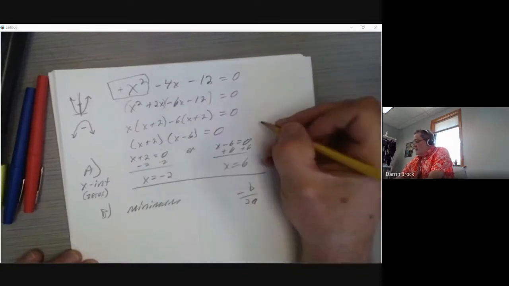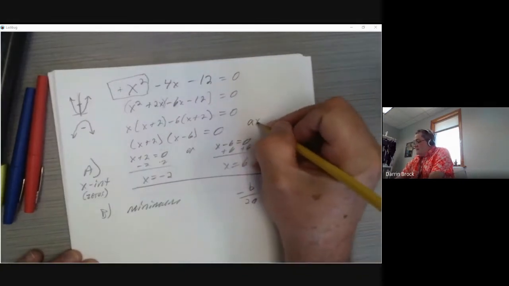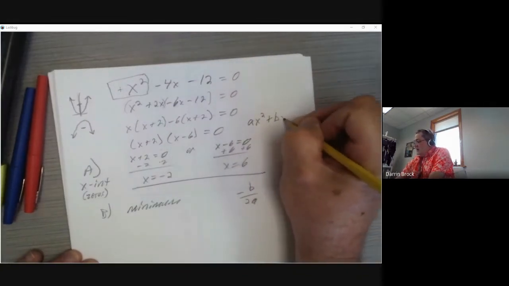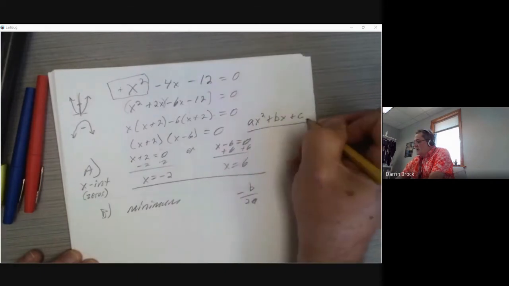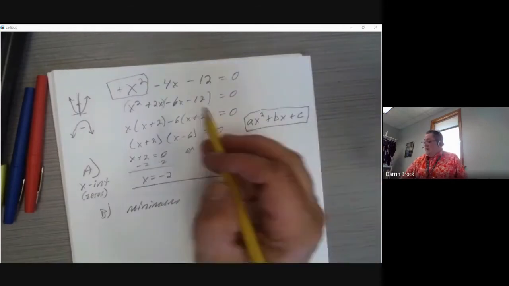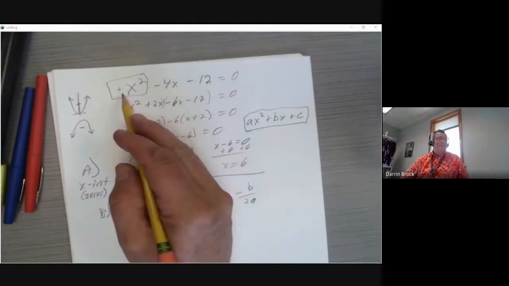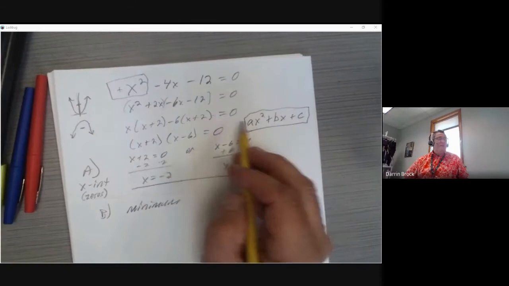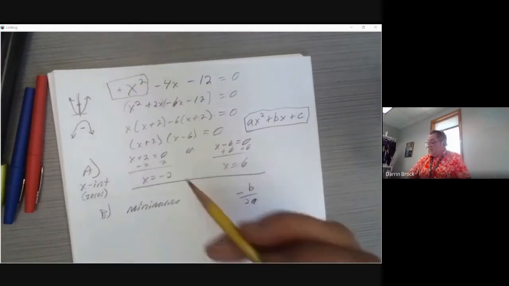Well, remember, a quadratic equation is written down as ax squared plus bx plus c. That's the standard form of a quadratic equation. Our a is just 1, right? Our b is negative 4.